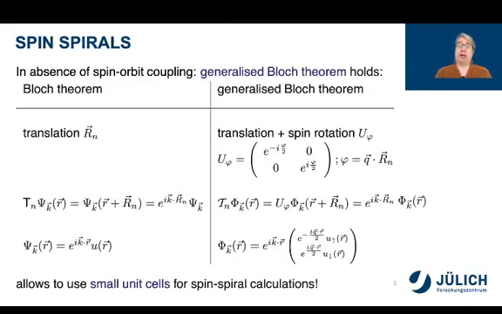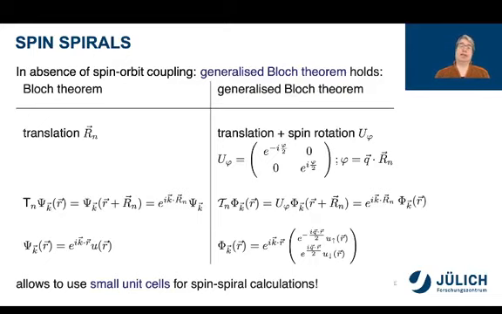So you have a combined operation of a translation and spin rotation. While in the usual Bloch theorem, if you apply this translation operator to the wave function, you get the same up to a phase factor, which includes this Bloch vector here, something very similar holds in the case of a spin spiral with this additional spin rotation included.